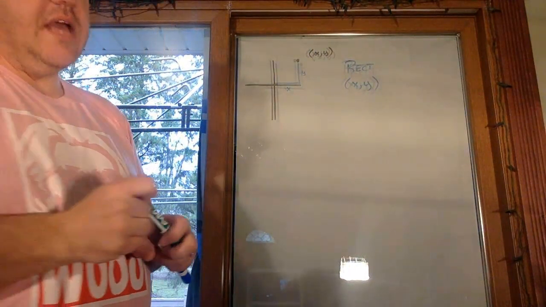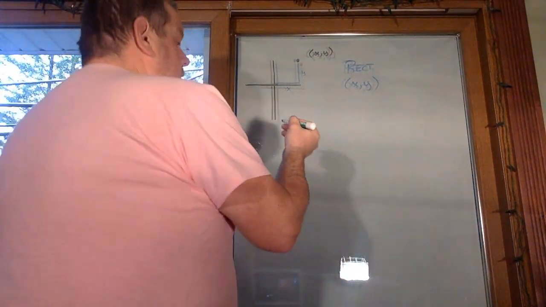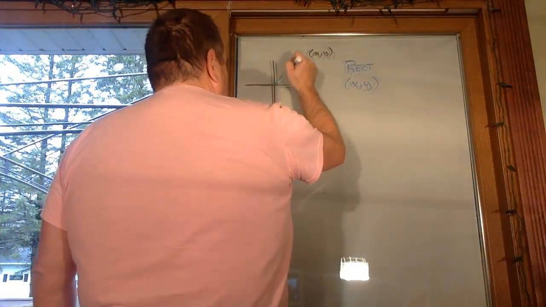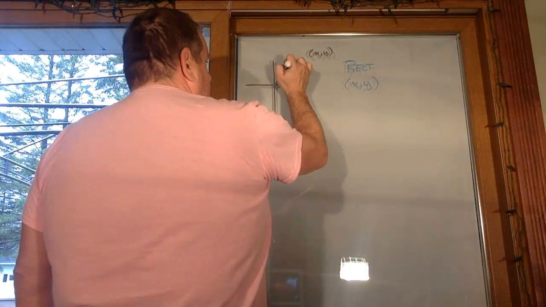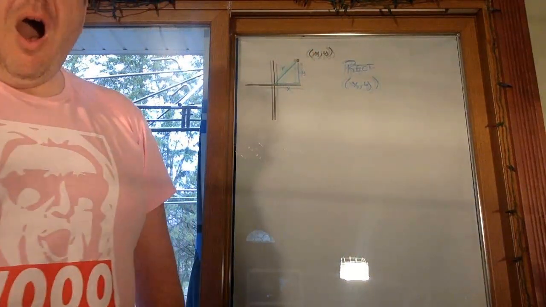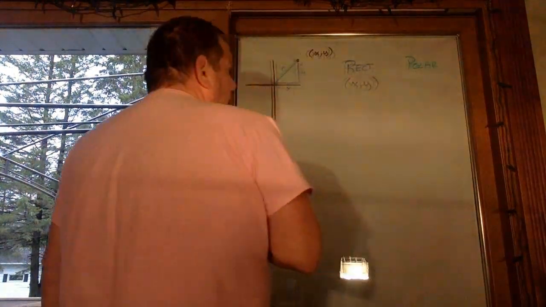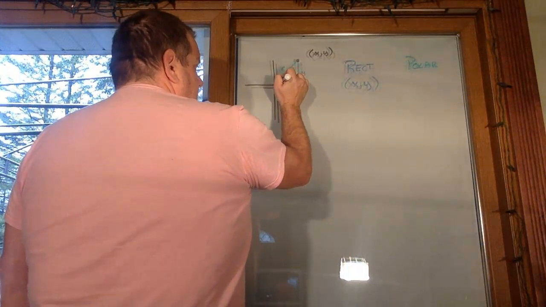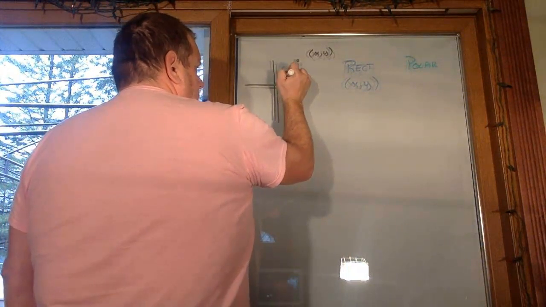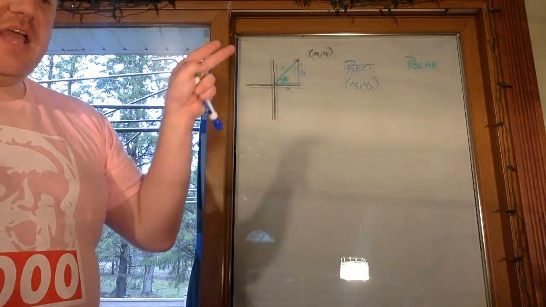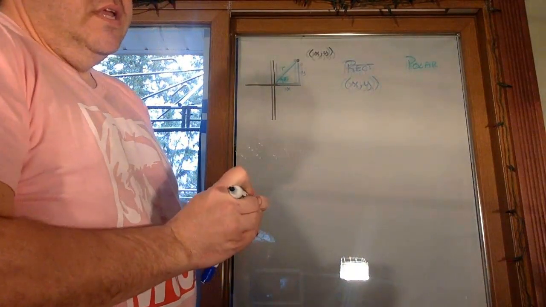Then you've also got polar. Polar is now saying that Superman is going to fly right to that point with a certain R value. On top of that, you've got an angle here that we'll call theta. We have to set the angle, and then we go out how far, and that tells us what we need to do.